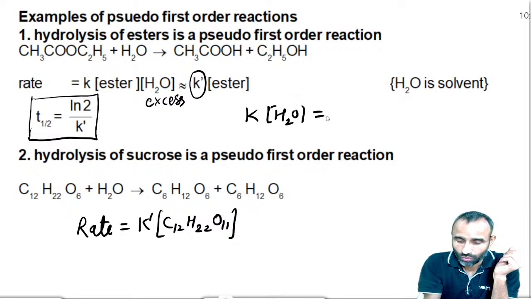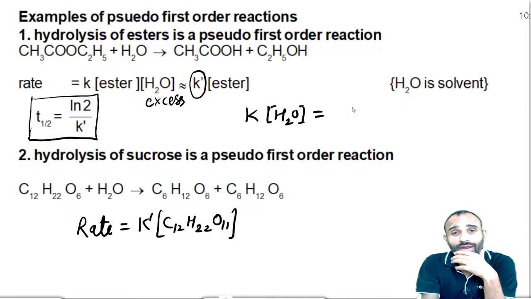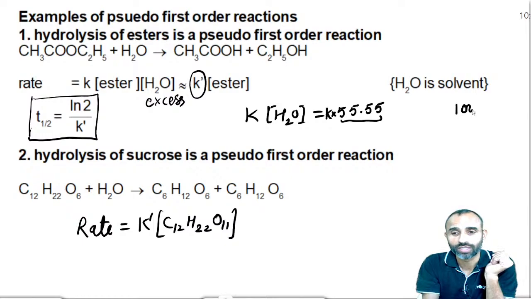So what is the concentration of water taken? It is 5.55, right? 5.55, because it is 1 gram per ml, 1000 gram per liter. 1000 gram is 1000 by 18 mole per liter.